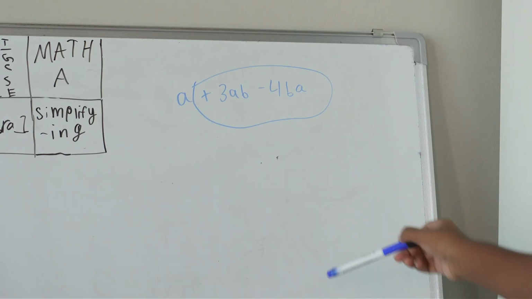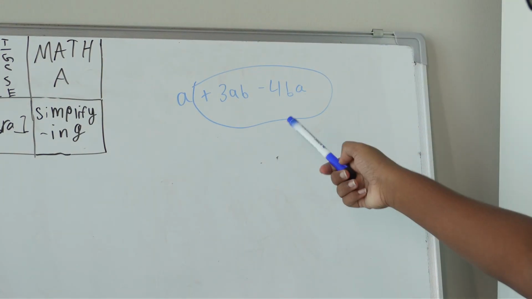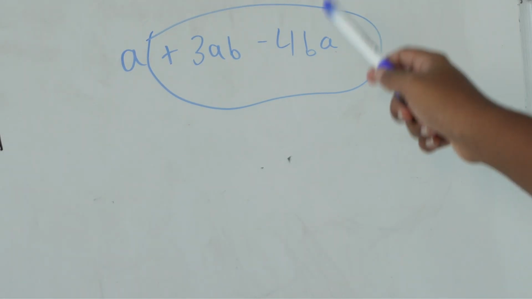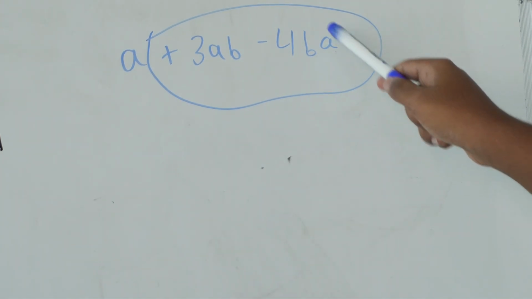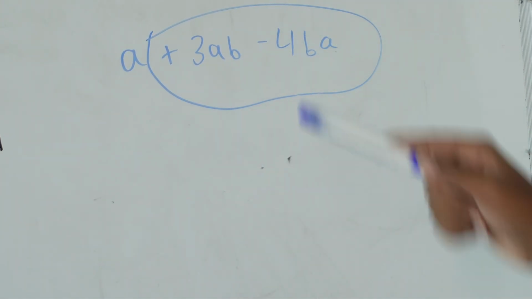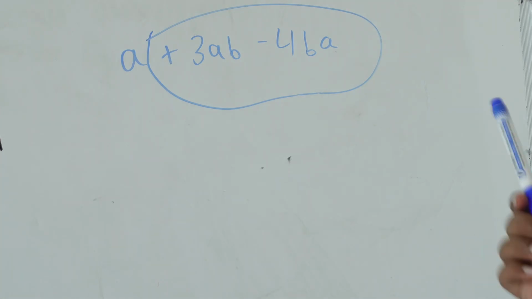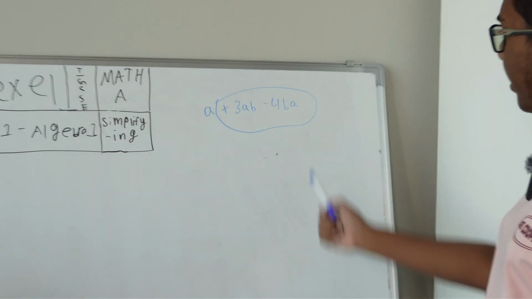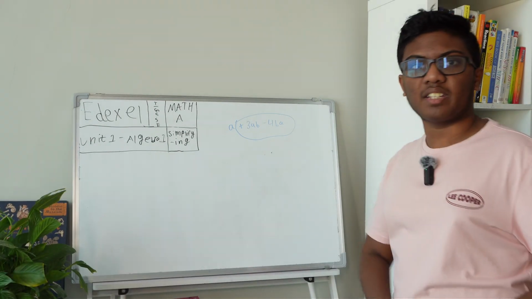The sign in front of the value or term is part of that term. So that doesn't mean that minus 4ba is a term 4ba. Minus 4ba in and of itself is the term.